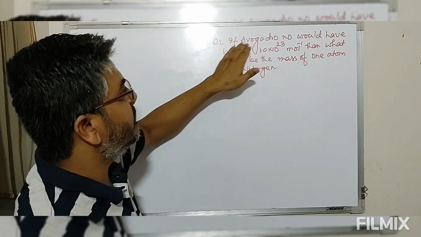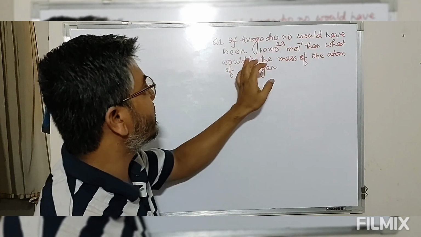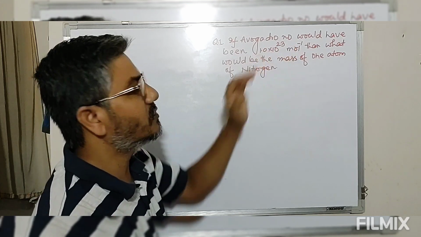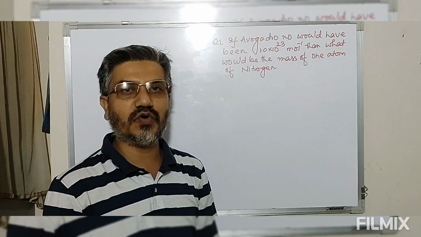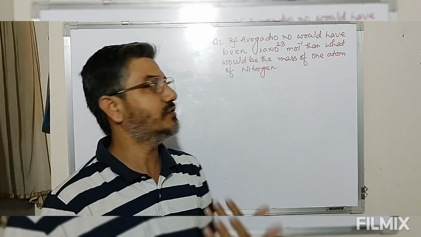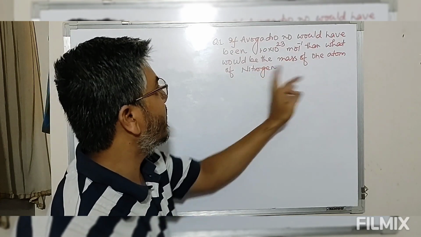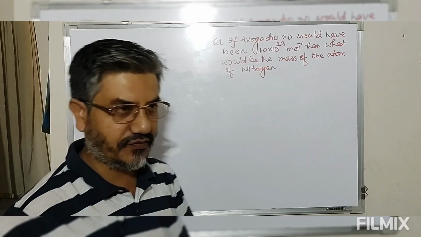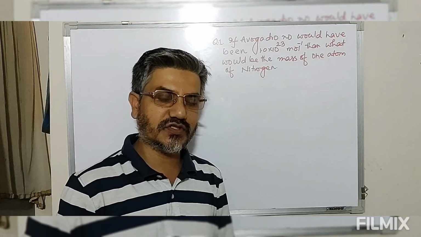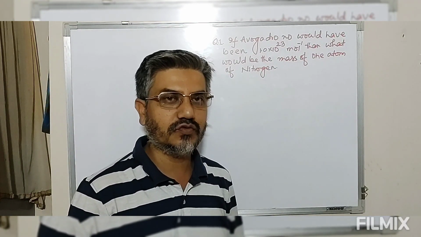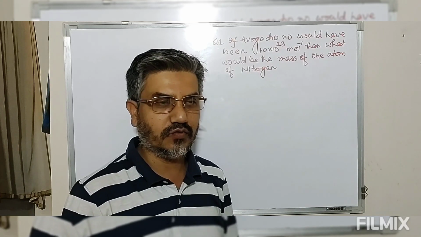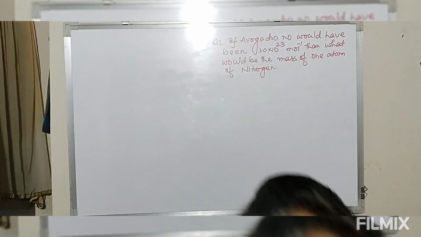Question says, if Avogadro number would have been 1 into 10 to the power 23 instead of 6.02 into 10 to the power 23, then what would be the mass of one atom of nitrogen? So if Avogadro number is changed from 6.02 into 10 to the power 23 to 1 into 10 to the power 23, will there be any change in the atomic mass?